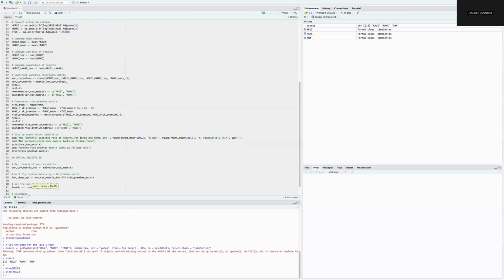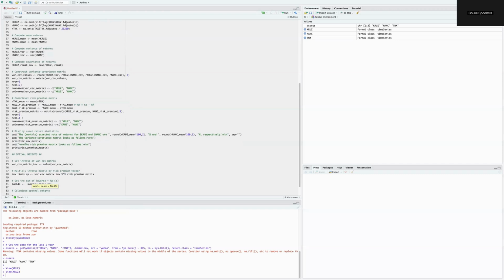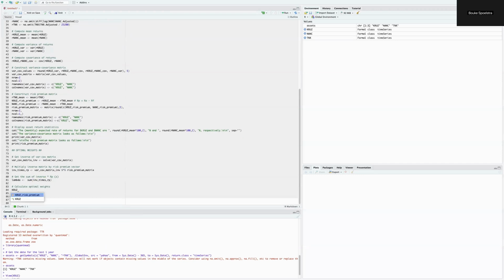Now calculate optimal weights. So to calculate the optimal weights, for cruise, we'll take the first item in the inverse times risk premium matrix.